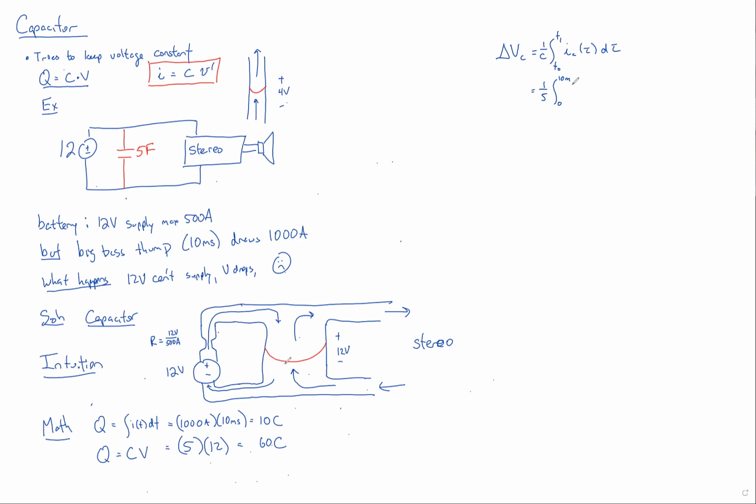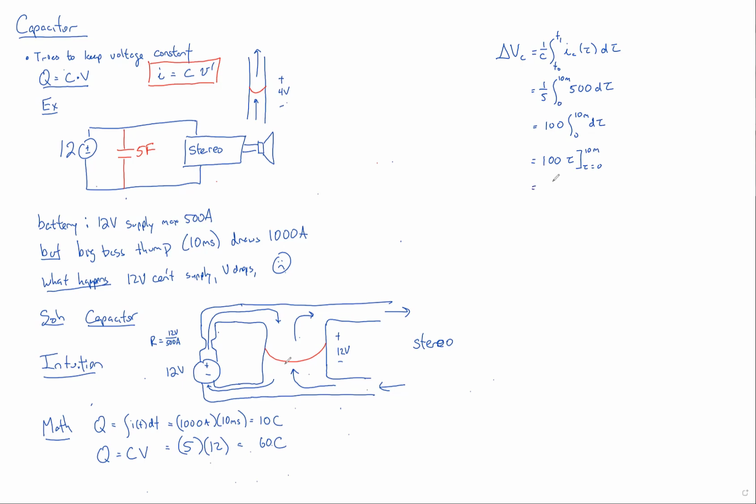And if the battery is providing 500 amps, then the capacitor only needs to supply the remaining 500 amps. So this is a constant. It comes out, and 500 over 5 is 100 times the integral of d tau, from tau goes from 0 to 10 millis. So that's just tau evaluated from 0 to 10 millis.